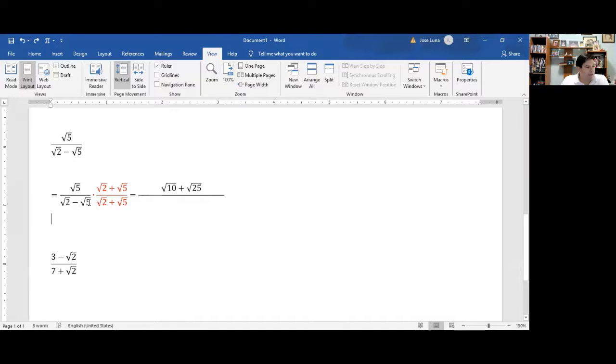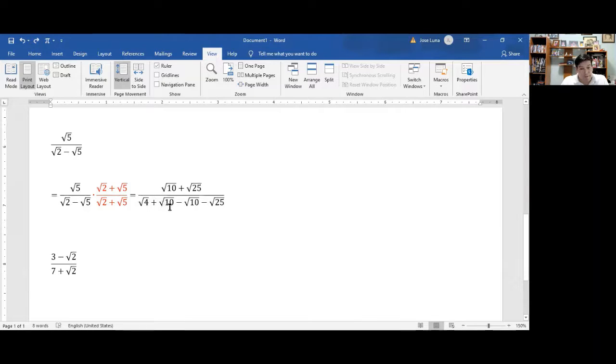Then negative square root of 5 times square root of 2 is minus square root of 10. And finally, negative square root of 5 times square root of 5 is minus square root of 25. And so there we have it: square root of 4 plus square root of 10 minus square root of 10 minus square root of 25.